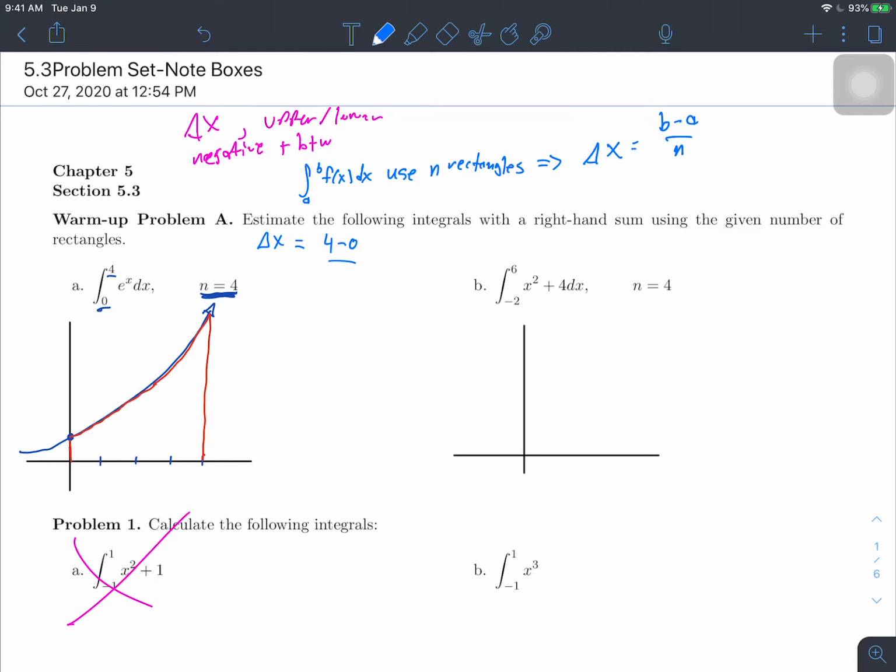We're supposed to use 4 rectangles. 4 minus 0 over 4 is 1. So that's how we get the width of each rectangle. Now what's left to decide is how to pick the height of each rectangle. How should I pick the height of each rectangle for this problem?